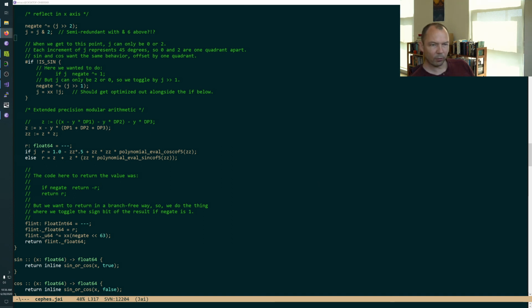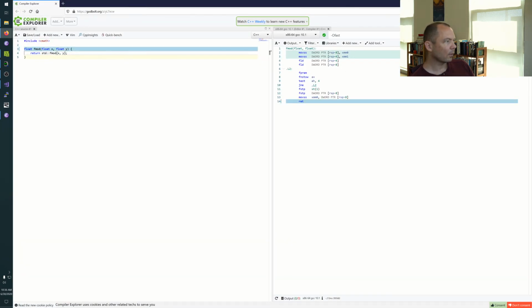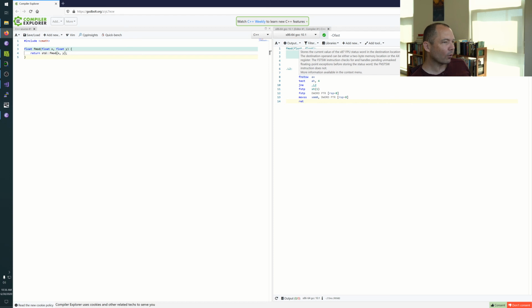See fmod with fast math. I don't remember what this is. It's storing a single word, the status word.